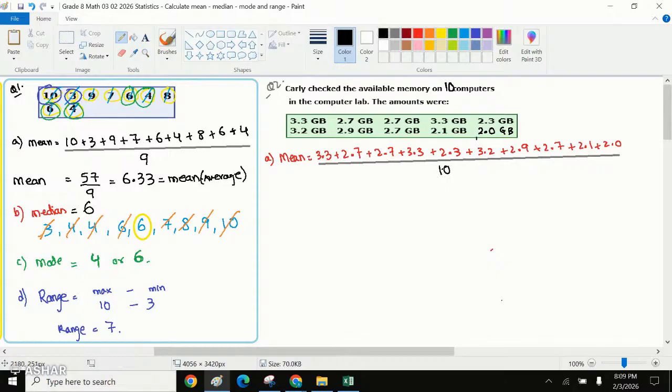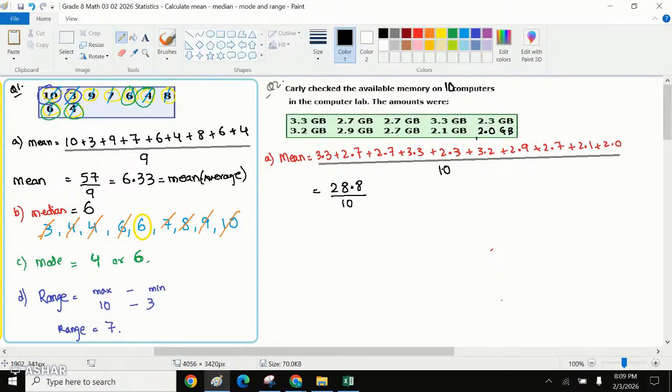So if we add them together, 3.3, 2.3, 3.2, 2.9, 2.7, 2.1, and 2. If we add them together, it comes out to be 28.8 divided by 10, right?